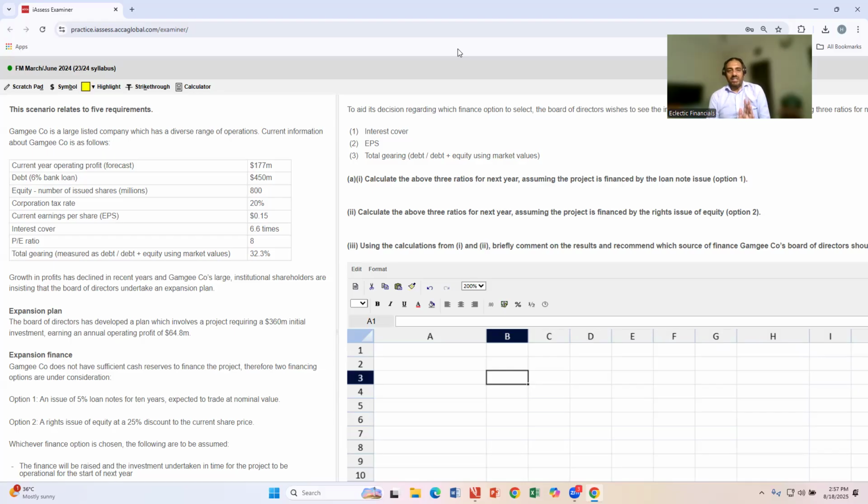With this particular session, I will emphasize how to attempt section C type questions, and particularly the question about Gemgee. Students, the Gemgee question is more about business finance, and the examiner has added business valuation content as well.